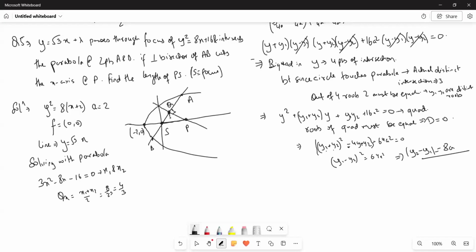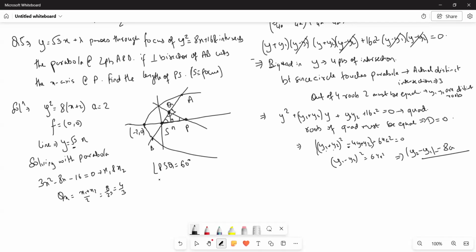Which means that if we drop a perpendicular from Q and this point is M. How much would be this angle PSQ? The slope of the line is root 3, so angle PSQ is 60 degrees and this is 90 degrees.